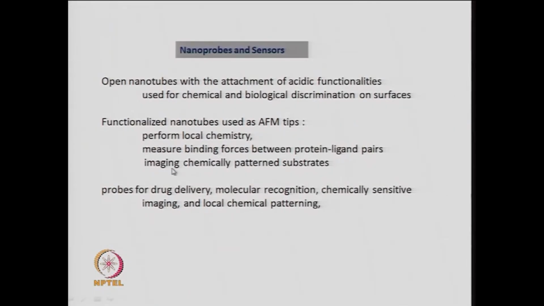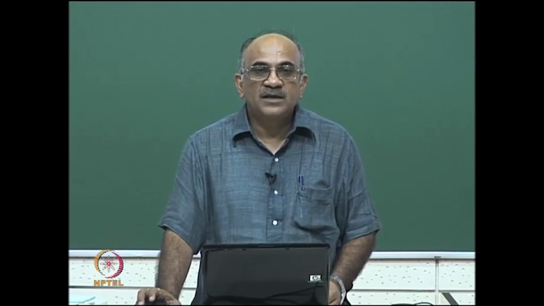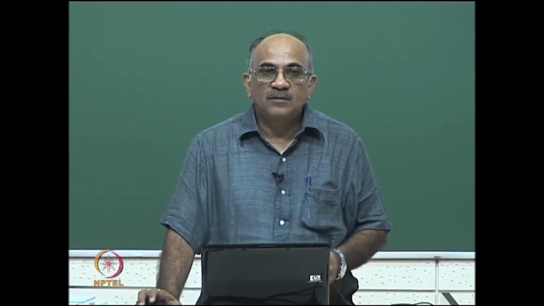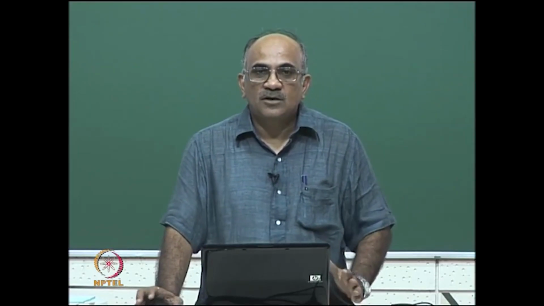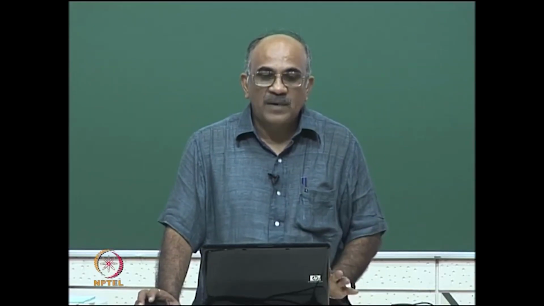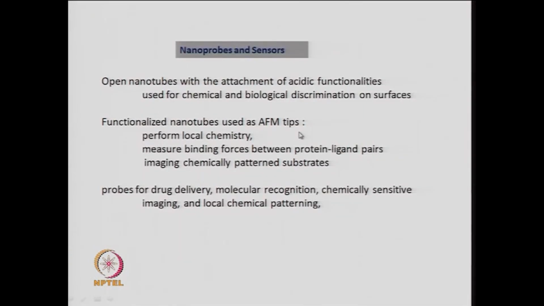Then you can image chemically patterned substrates. So, you have a substrate, the substrate can be say silicon or something else, maybe glass, and then you have some molecules which pattern the surface. So, you have molecules lined up like maybe in a zigzag fashion or as a cross. So, this pattern can be imaged by this kind of functionalized nanotubes, which are acting as AFM tips.